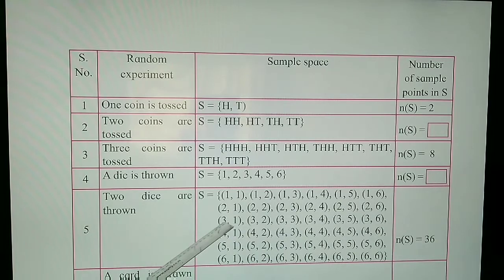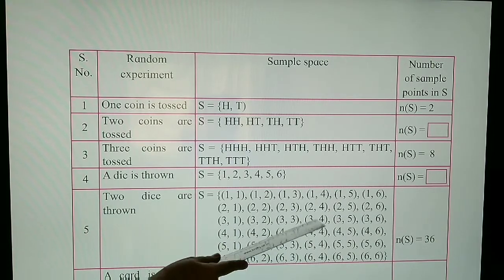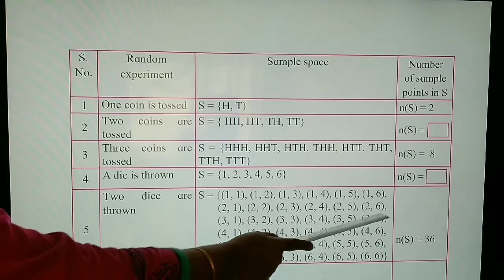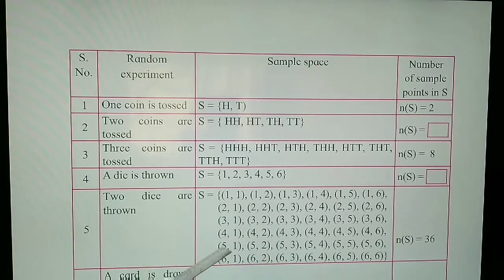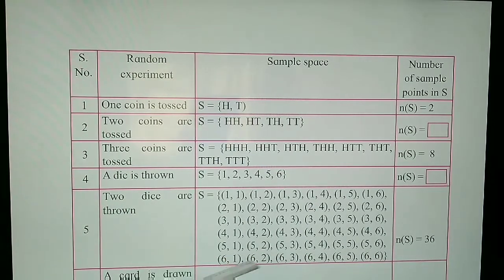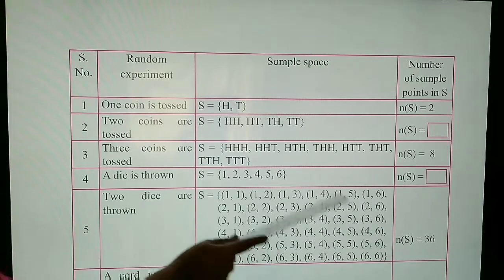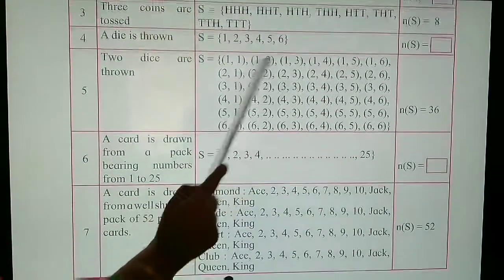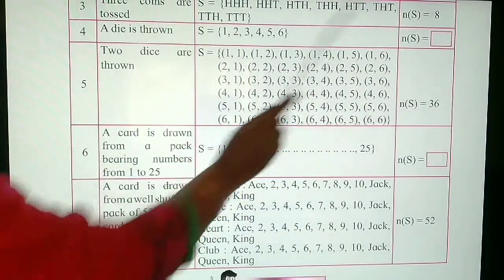Now the third, we write 3, 3, 3, 3, 3, 3, and then 1, 2, 3, 4, 5, 6. Same for 4, 5. See the sixth one: 6, 6, 6, 6, 6, 6, 6 times, and then 1, 2, 3, 4, 5, 6. So this is the easy way to write all these brackets. Remember this carefully. So n(S) equal to 36.